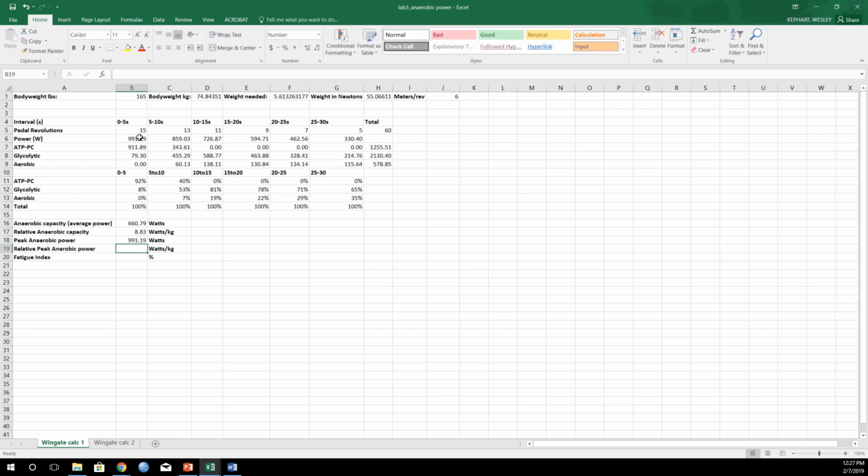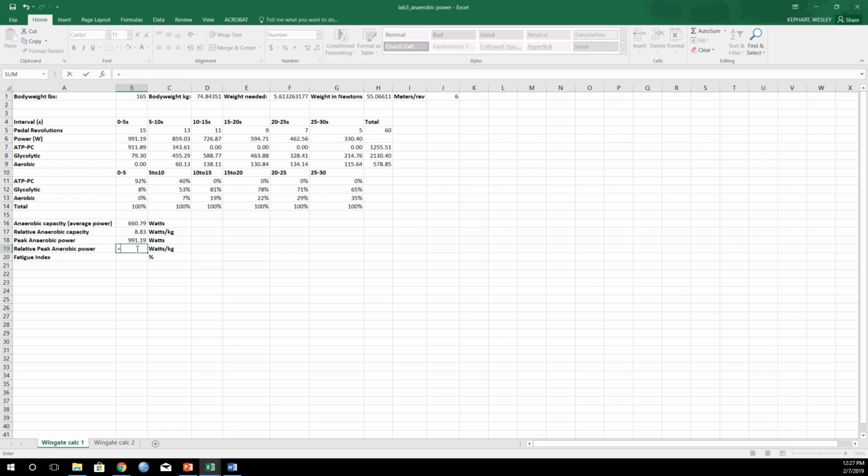Normally individuals hit their peak power within the first 5 seconds, but let's go through that calculation one more time just so that everybody gets it. Equal sign. So here, 15 revolutions, that was their most, but we have to multiply by newtons first, multiplied by 15 revolutions, multiplied by 6, and then divide by 5 because it was over 5 seconds. Good, awesome, happened again.